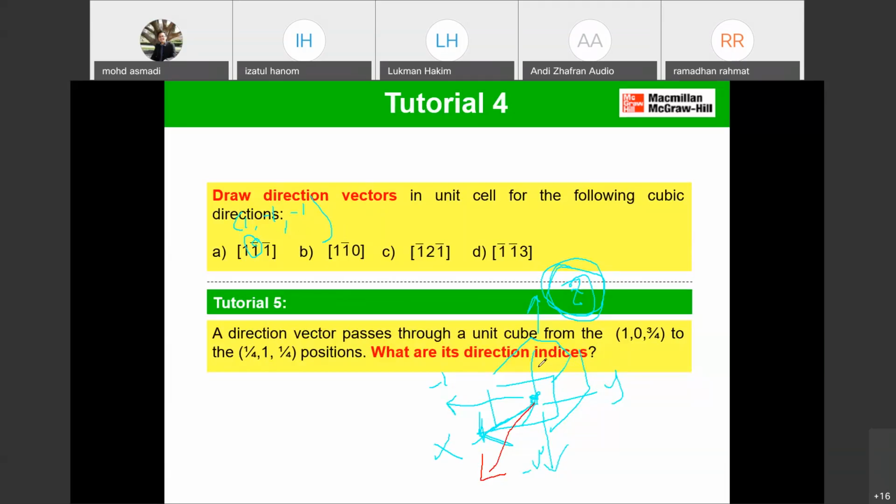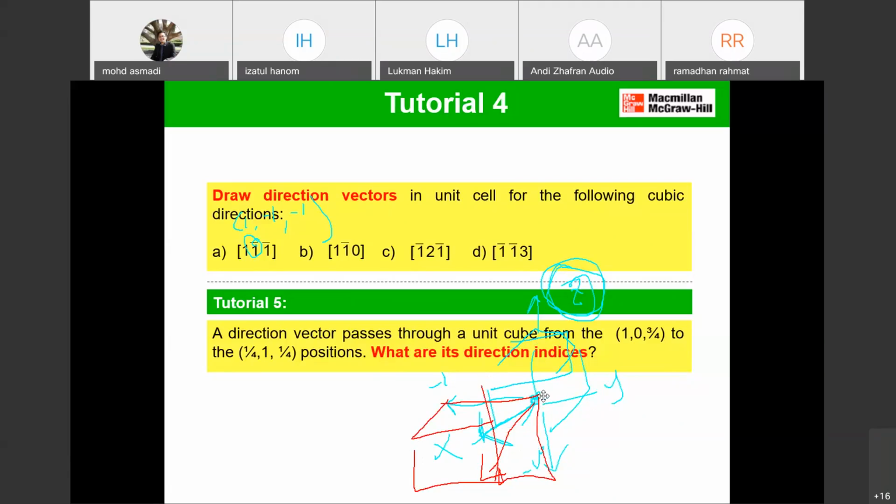And then you can move this to the bottom. So you draw again. That means this is your new unit cell, the position of your unit cell. So you draw like this. So this is how you determine your origin.